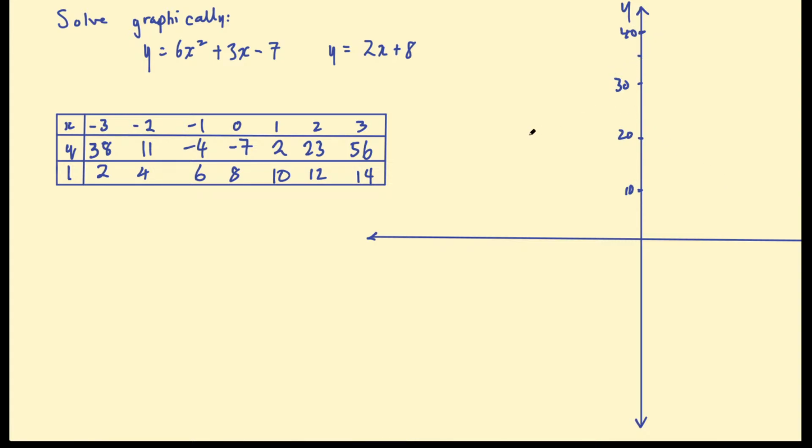The scales are not going to be consistent, so the scale on the x-axis is going to be slightly different. So 1, 2, 3. And the same scale down here.